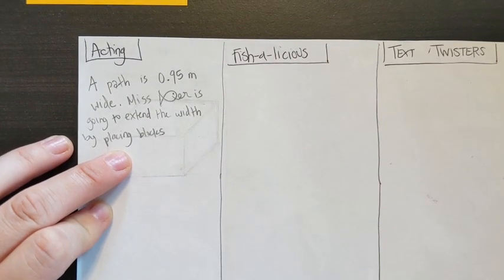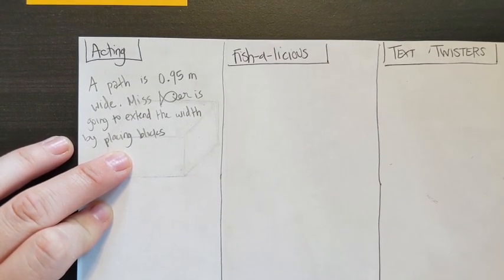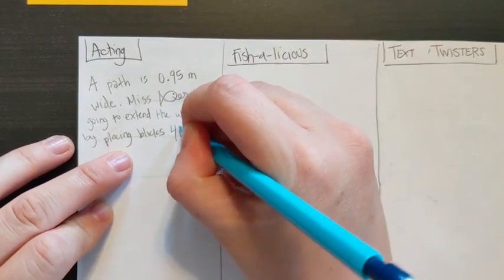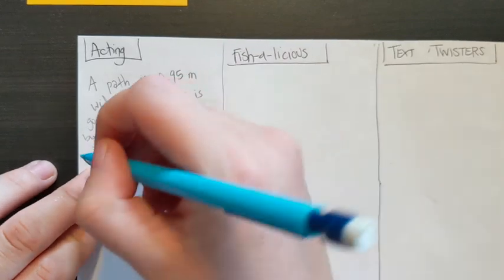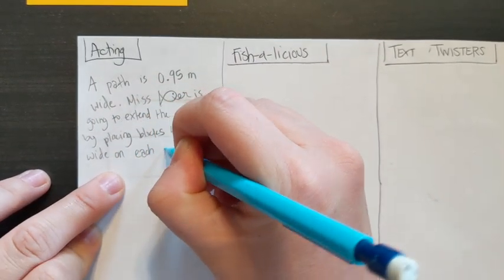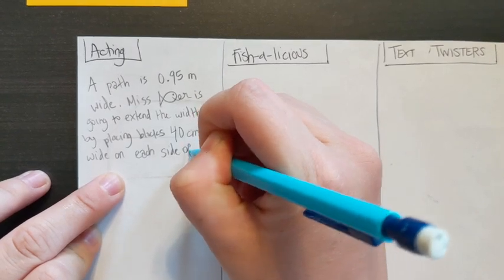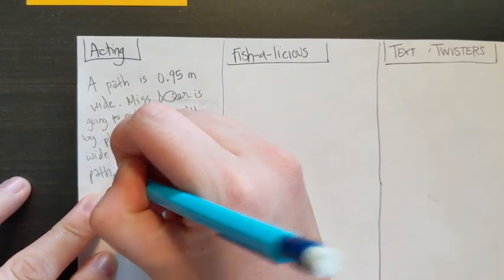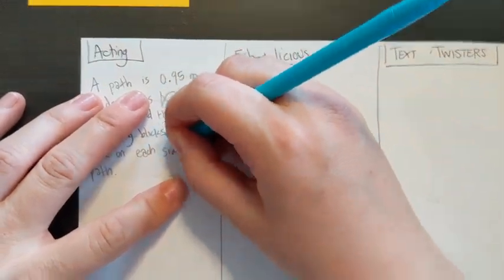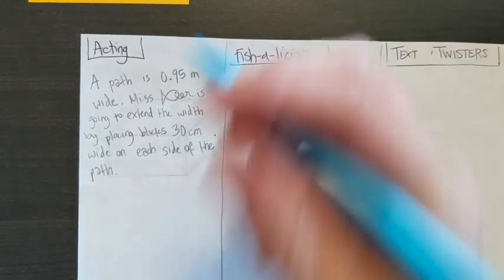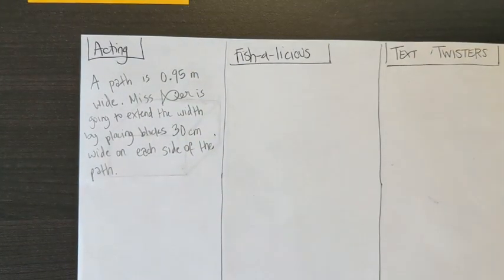forty centimeters wide on each side of the path. And actually, I'm going to change that from 40, make it a little bit easier, 30 centimeters wide on each side of the path.